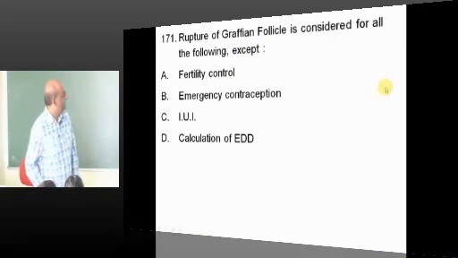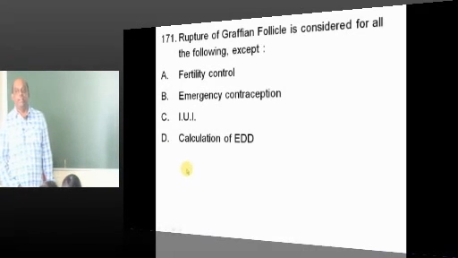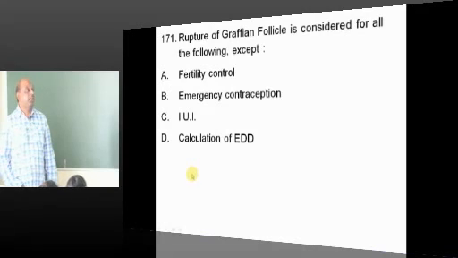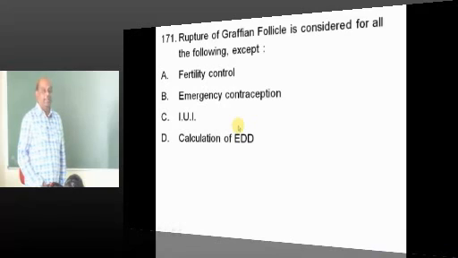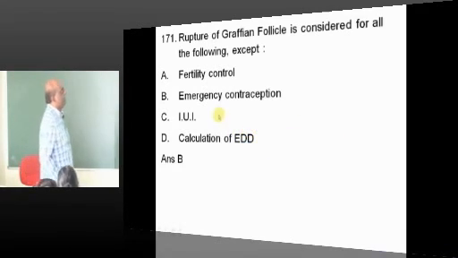If you have an emergency call, you will not tell them to go check the Graafian follicle and then decide. Remaining things you will do. Graafian follicle rupture is important for fertility control, timing the intrauterine insemination, etc.